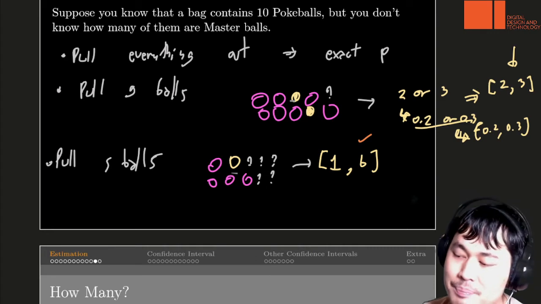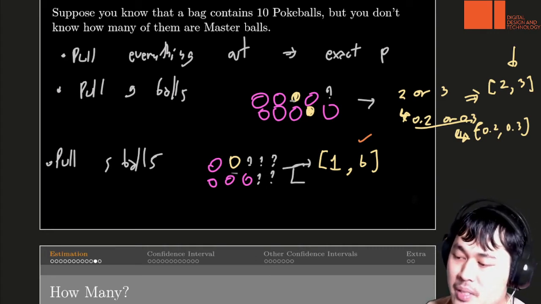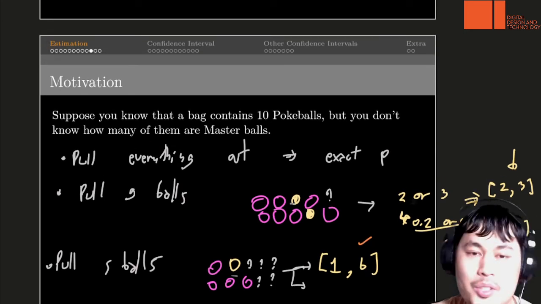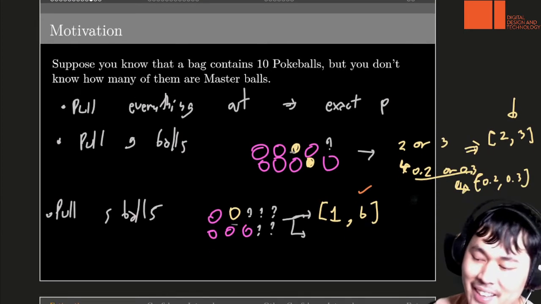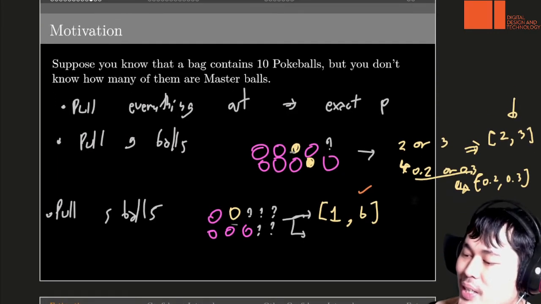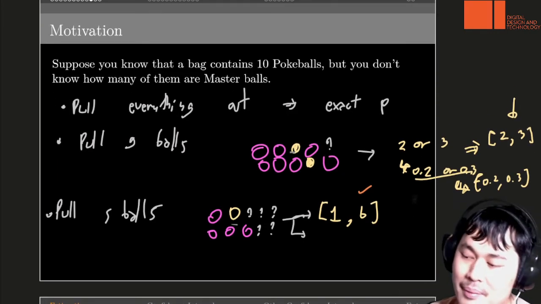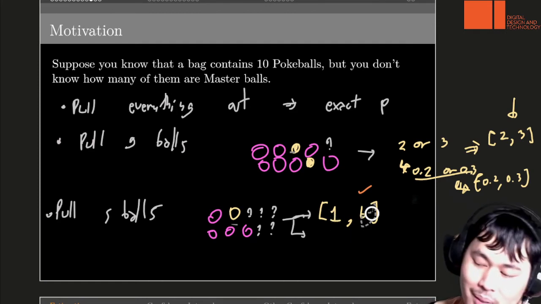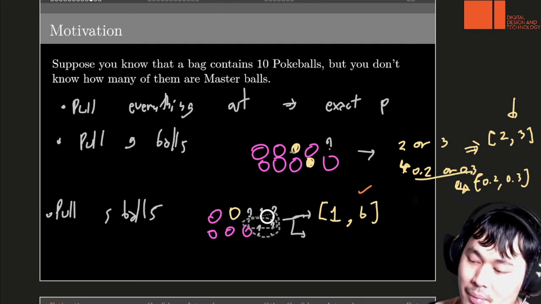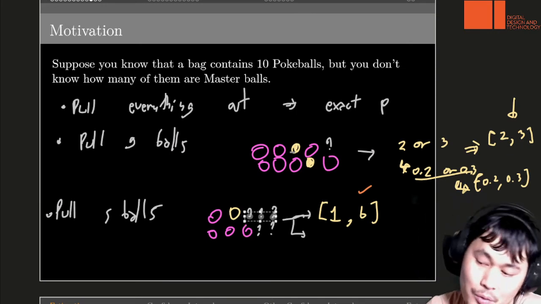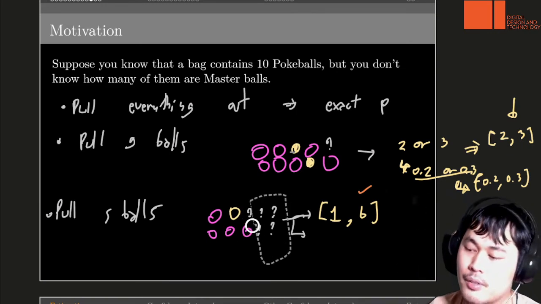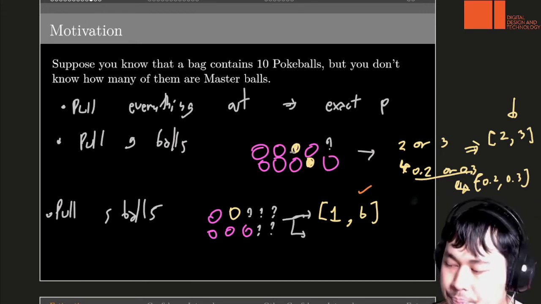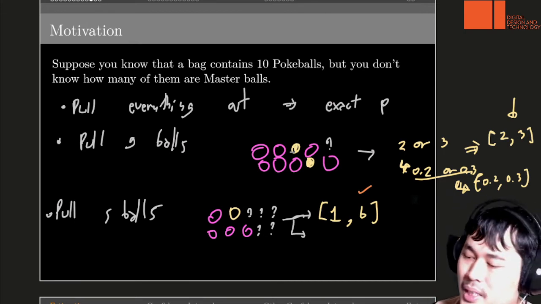But suppose you have some prior information about the bag. Like, there shouldn't be too many master balls because again, they are expensive and you are not able to afford it. It should be almost impossible to have 6 master balls, or for the remaining 5 balls to all be master balls. So in reality, that wouldn't work.